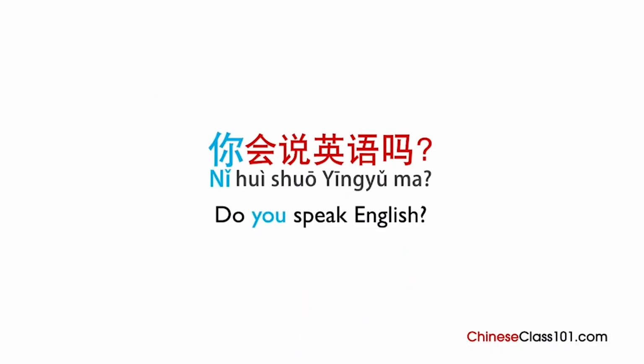You, 你, can, 会, speak, 说, English, 英语, question mark particle 吗？ You will notice the word 你 in the beginning of the sentence. Remember that this is the way to say you. The next word 会 is like the English can. Then we have the verb 说, which means to speak.